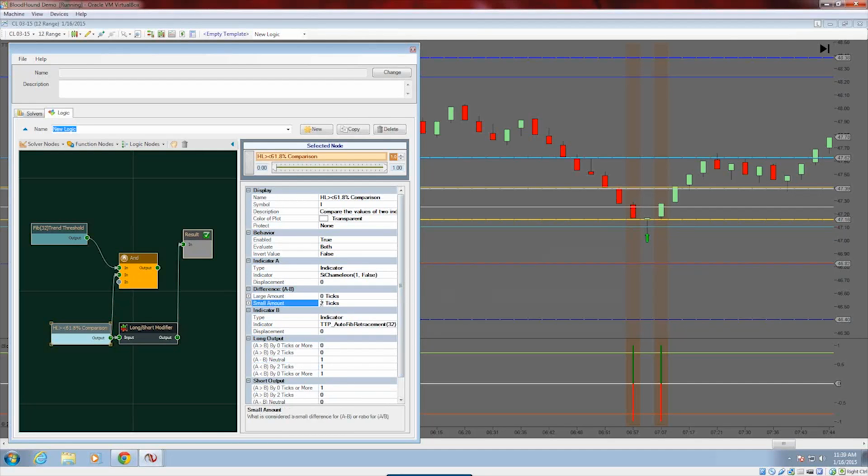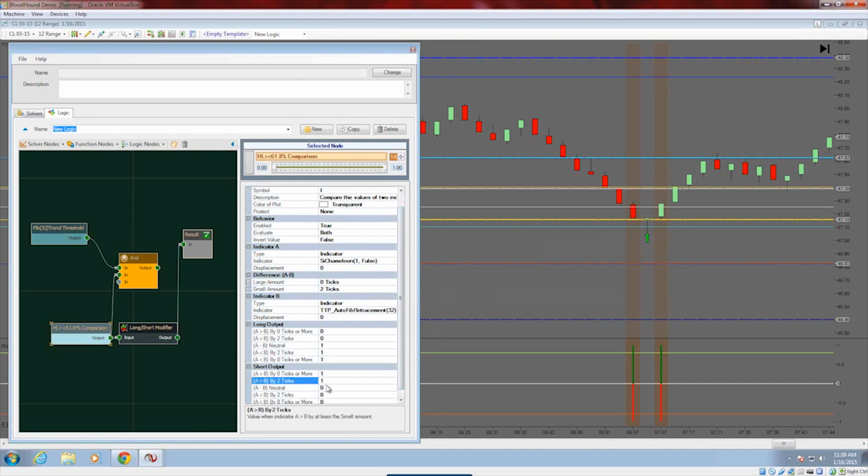Now if I were to increase this, let me just set it up for the long side also. So if I were to increase this, and let's say 10 ticks, then I'll start to show more bars here. That may not have been enough. Let's say 20 ticks. Then it will show this bar and this bar as well. You see?